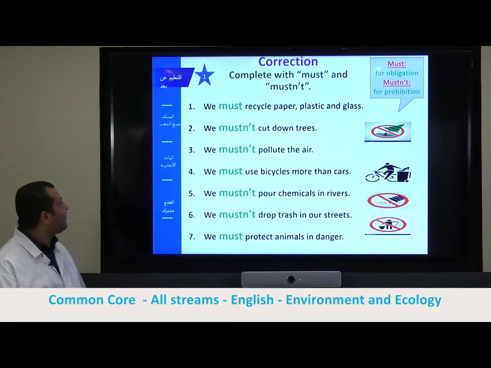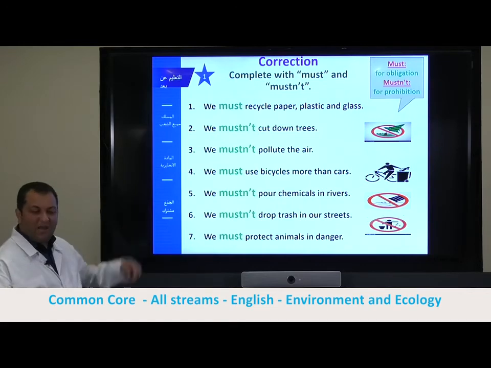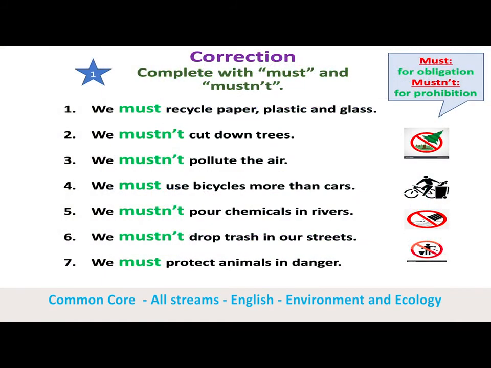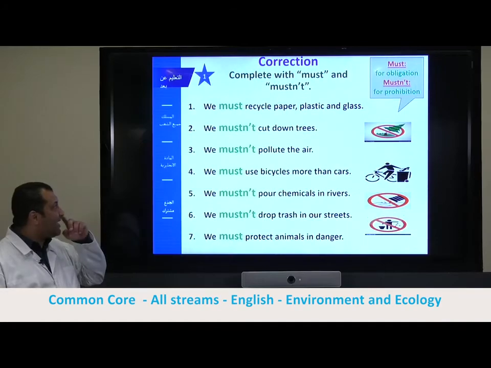Let's correct. Number 1, we must. We are obliged. We must recycle paper, plastic, and glass. For environmental reasons, for economic reasons, we must. It's become an obligation for us to recycle, to reuse paper, plastic, and glass.